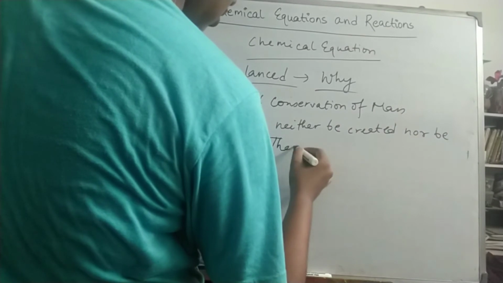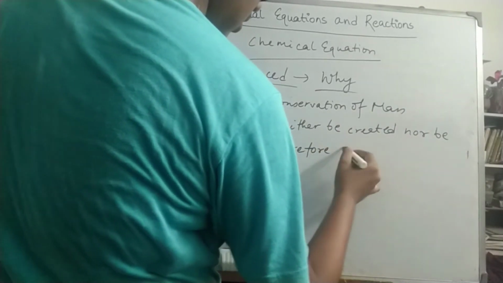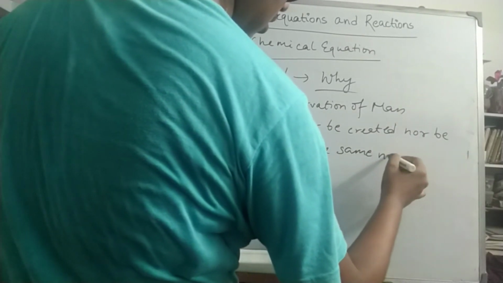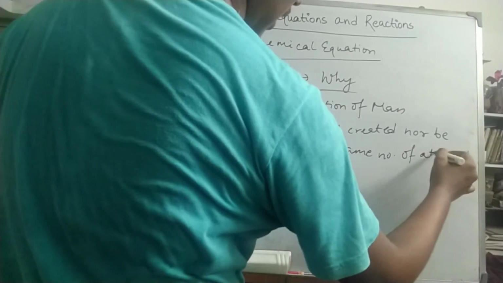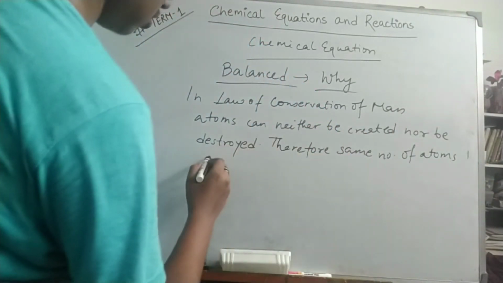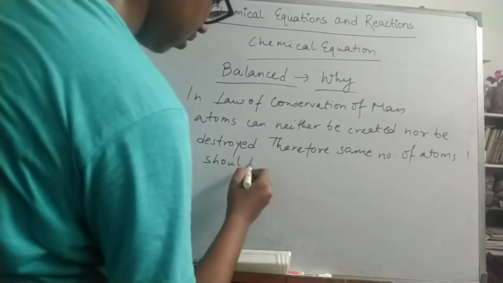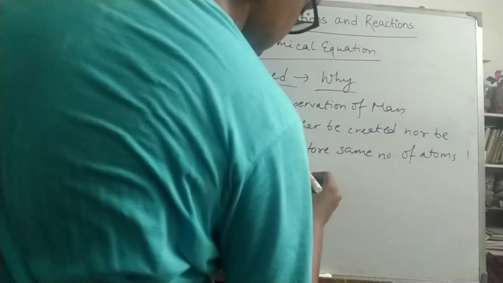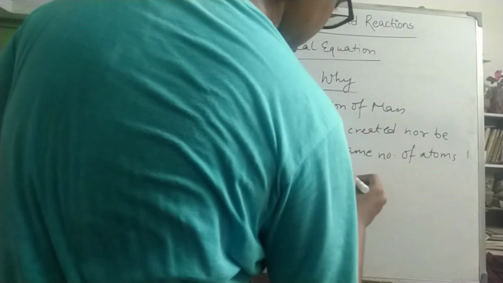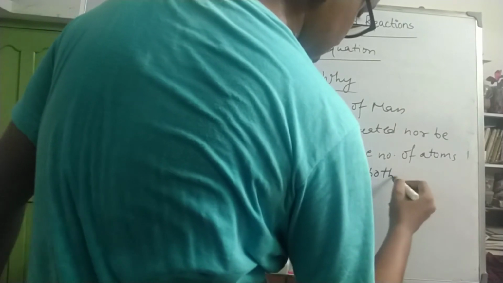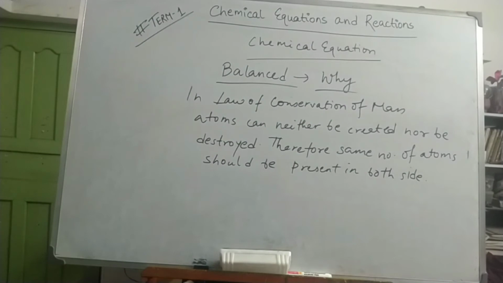Therefore, the same number of atoms should be present on both sides. Means in the law of conservation of mass, atoms can neither be created nor be destroyed.